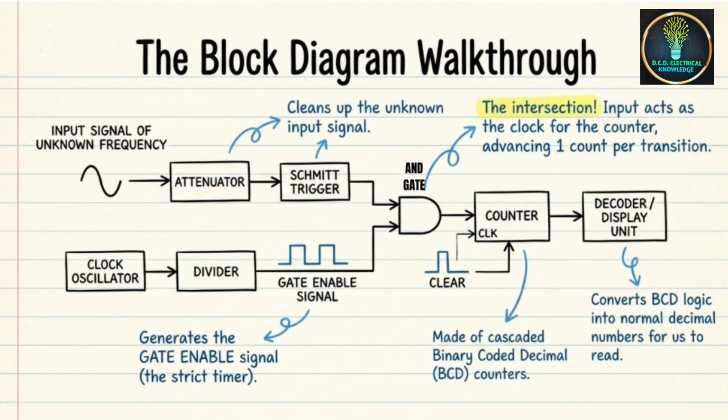The counter is made of cascaded binary coded decimal, that is BCD, counters, and then decoders or the display unit convert BCD logic into normal decimal numbers for us to read.